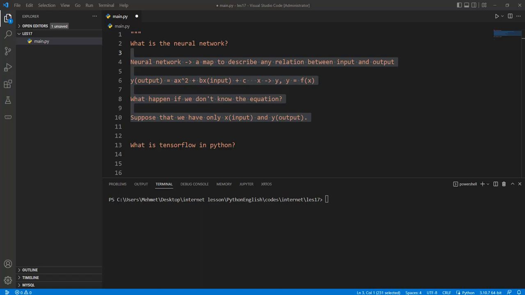And so the other term that is also important is TensorFlow.